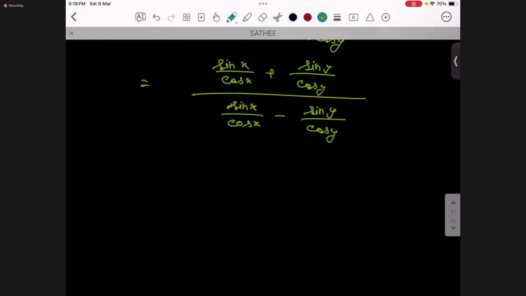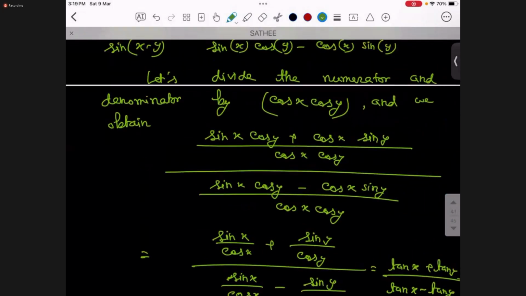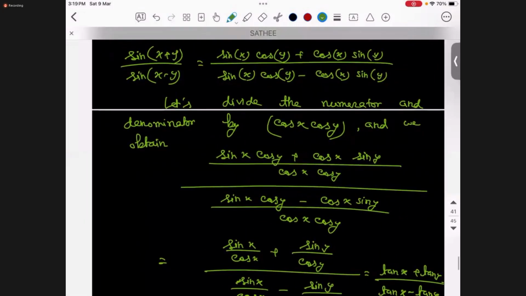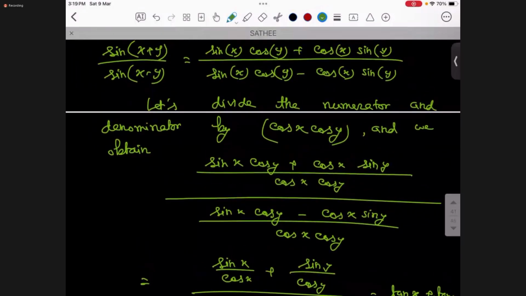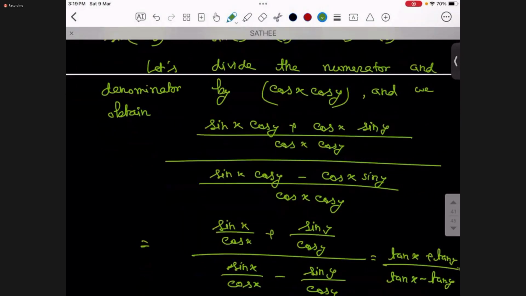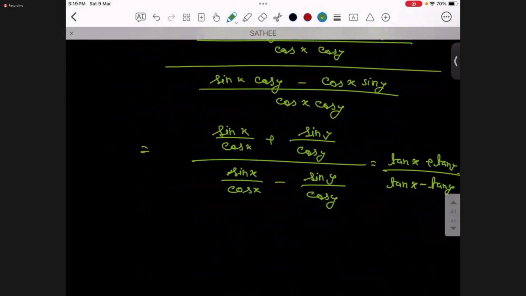This will further give us tan x plus tan y, tan x minus tan y. So just by manipulating, we can prove sin(x plus y) by sin(x minus y) equals tan x plus tan y by tan x minus tan y.